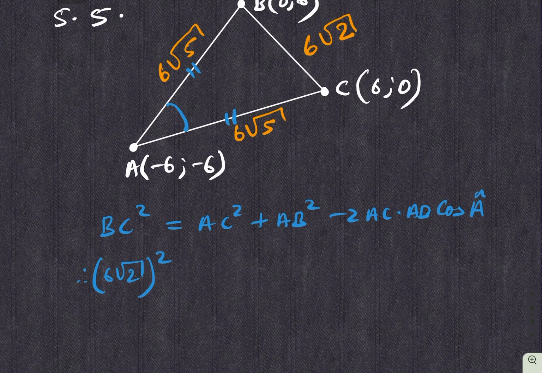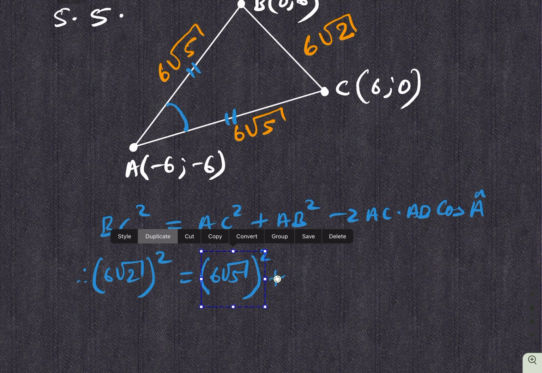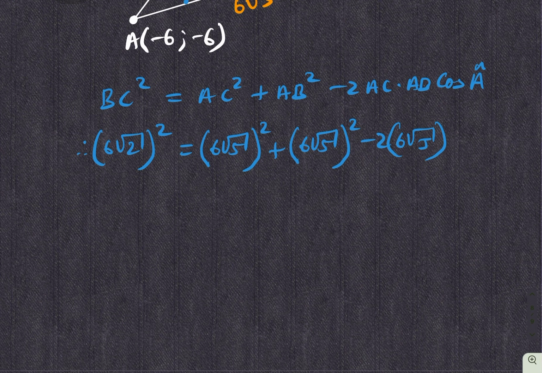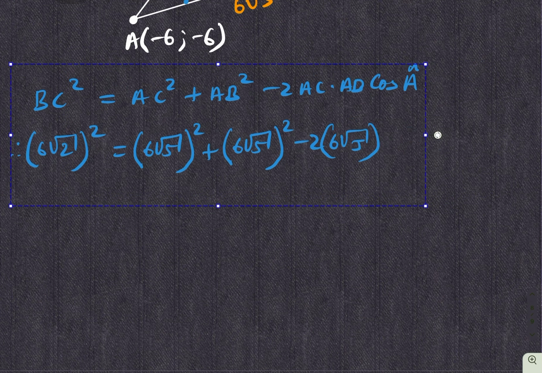You square it, and the 5 there is squared, plus the same stuff. So I may need to duplicate this one, and then I say minus 2 times AC, which is 6 root 5. Let me copy everything and put it this side.